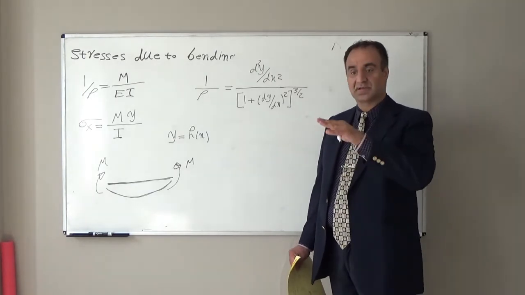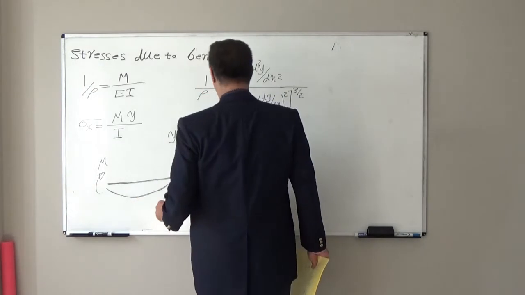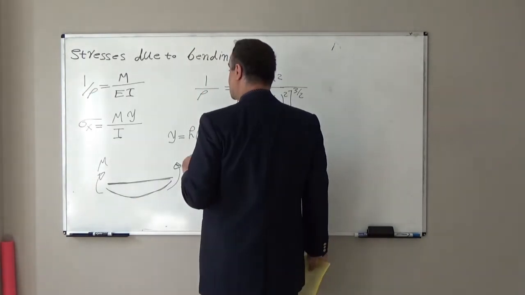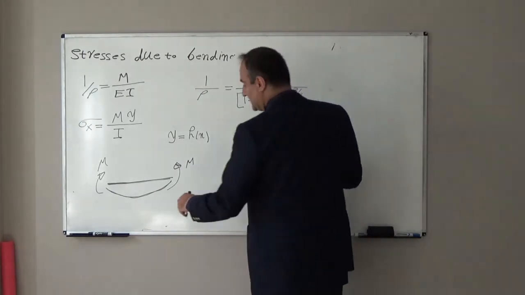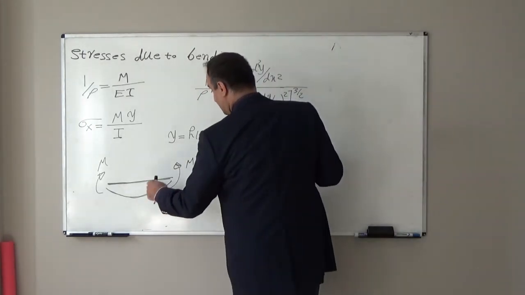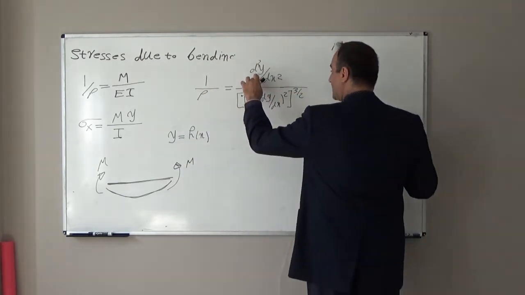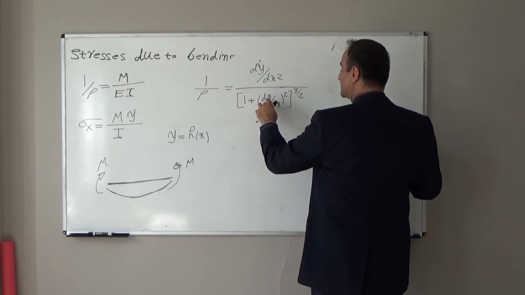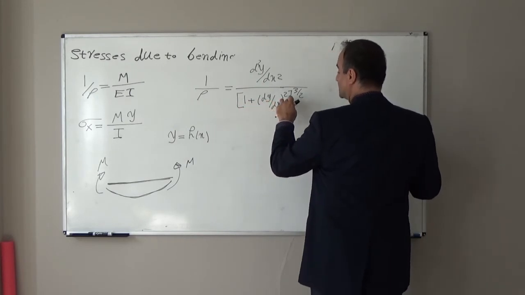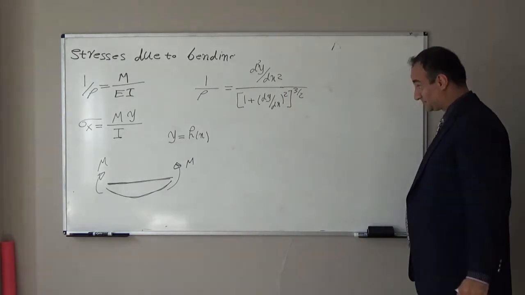So for this curve, we can find the curvature. If I define this curve function, y is equal to f(x), it will be second derivative of y with respect to x divided by 1 plus first derivative of y with respect to x squared, all to the power of 3 over 2.